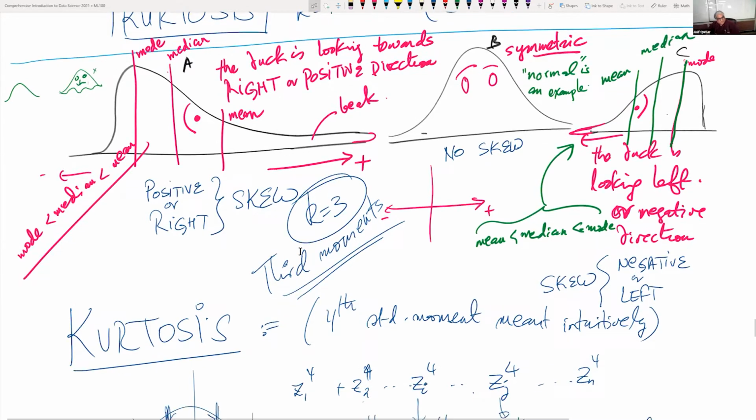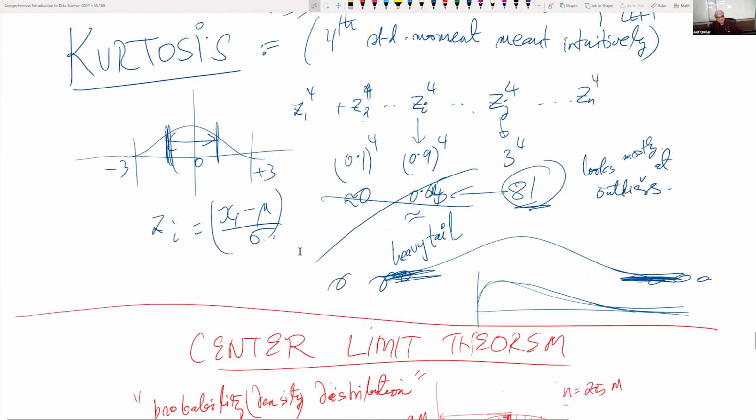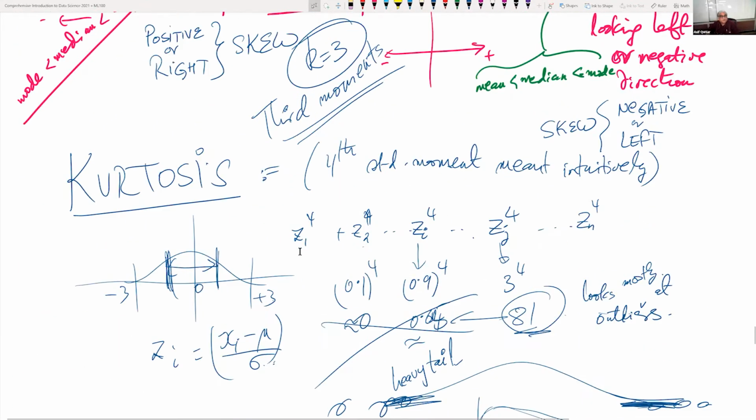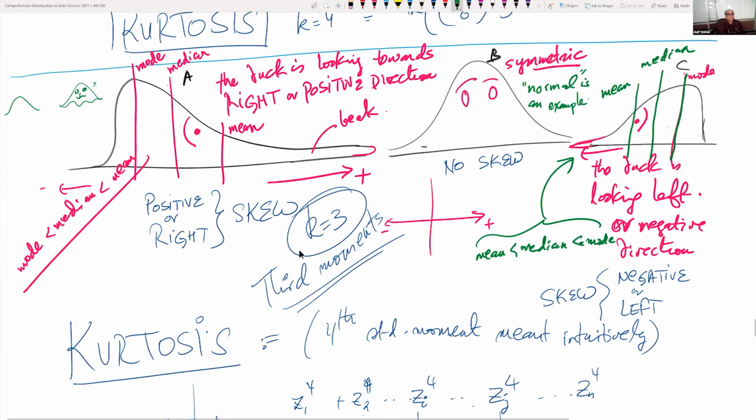We talked about skewness. We'll see those values. And what is kurtosis? Well, I didn't finish skewness. The skewness is how skewed the distribution is. If you think of the distribution as a duck, is the duck looking right or looking left? If it is looking in the right or positive direction, it's positive skewness.